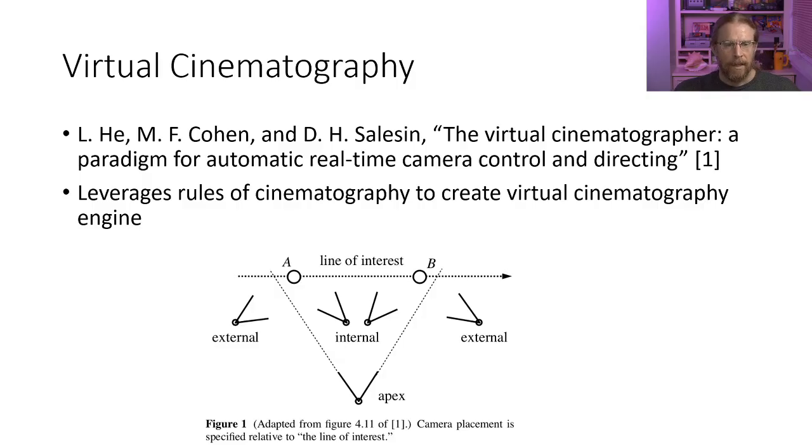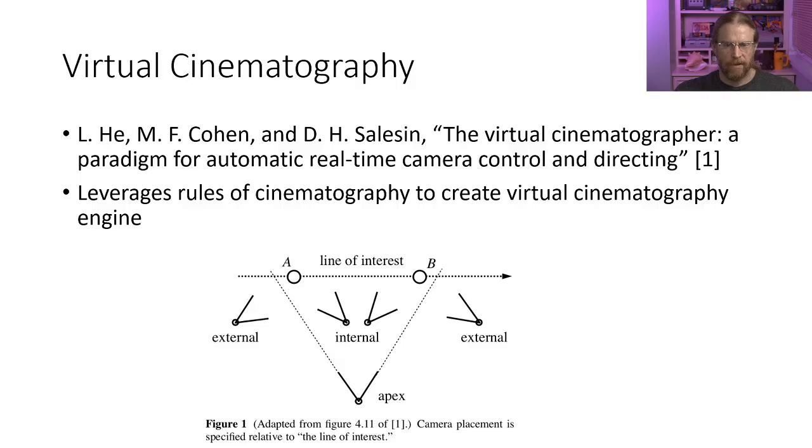So we can look at some ways in which, first of all, an understanding of cinematography that we can take into account, and then we'll try to come up with an algorithm to implement them.